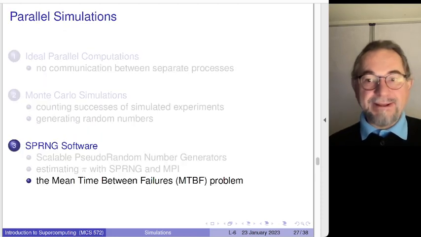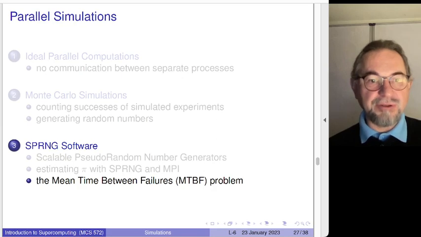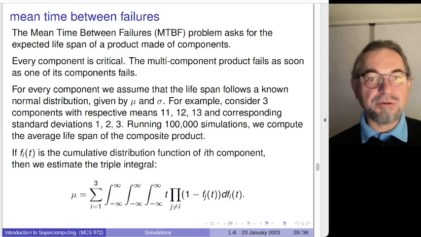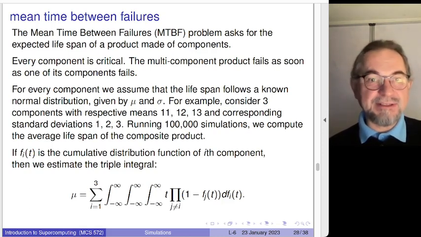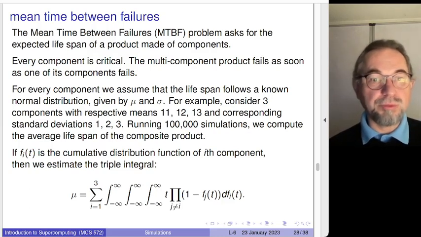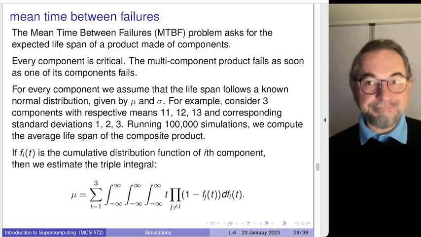All right, I will end in the last 10 minutes with an application of a multi-dimensional integral. So this is called the mean time between failures problem. So I will give the sequential version. So as an exercise, it should not be too hard to come up with an MPI version.